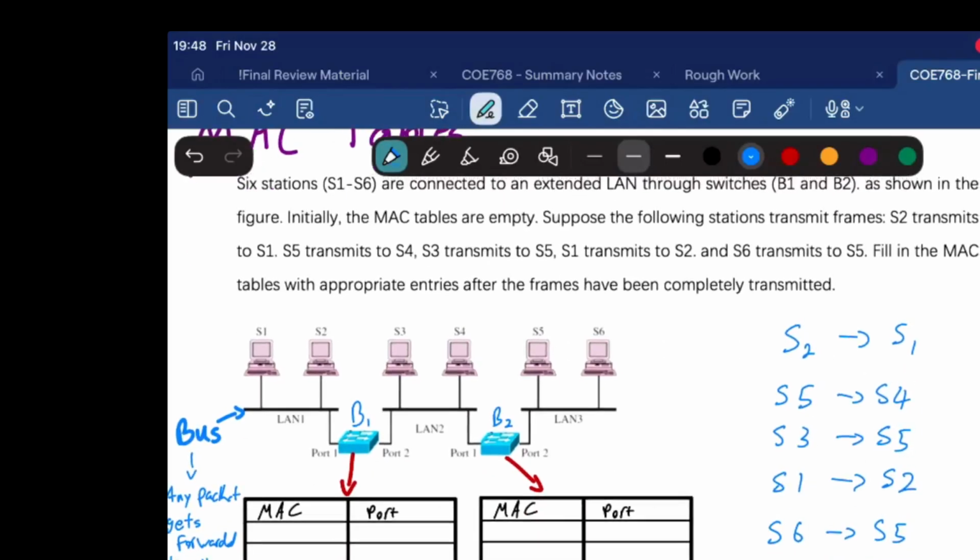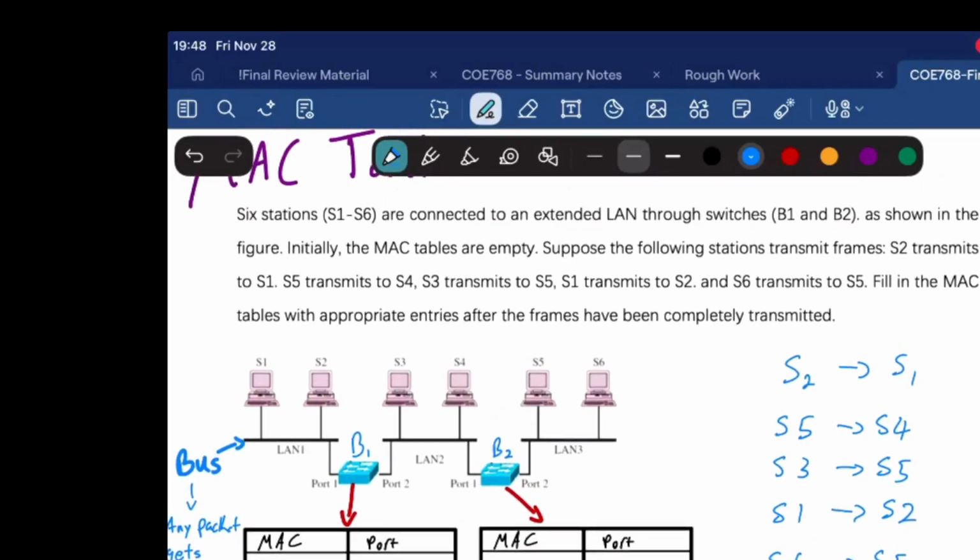So we have these 5 transmissions that we have to validate and fill in our MAC address tables for B1 and B2 respectively.